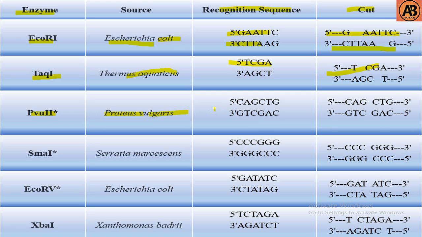Then SmaI, from Serratia marcescens. And then EcoRV from Escherichia coli. And the last one is XbaI, from Xanthomonas badrii. Each has its own recognition sequence and cut. So this is the list of some restriction enzymes, their source, recognition sequence, and cut.